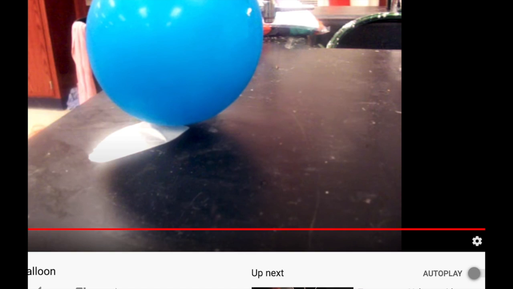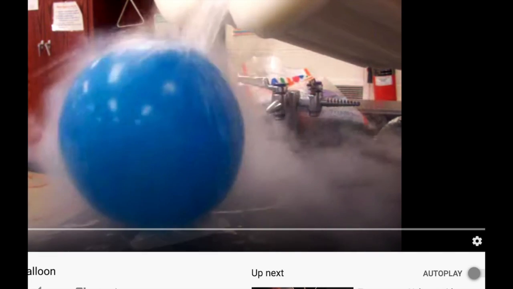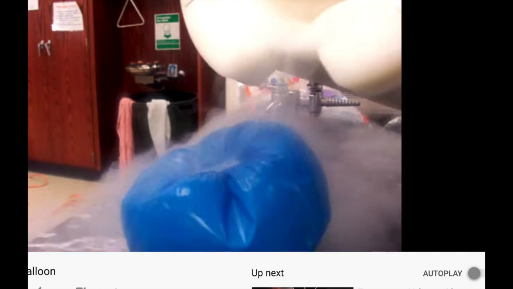If we had this balloon here, they're going to pour liquid nitrogen over the balloon. As they pour, liquid nitrogen is very, very cold, and so it's cooling off the trapped air particles within the balloon.